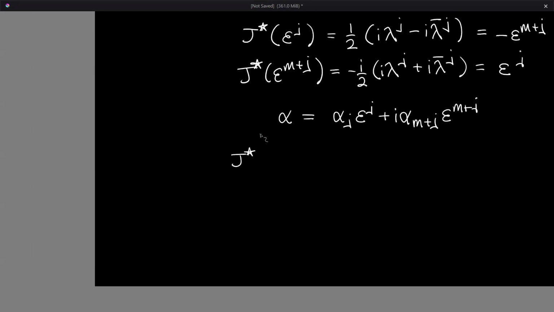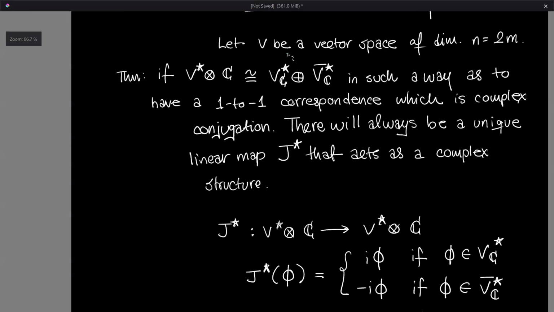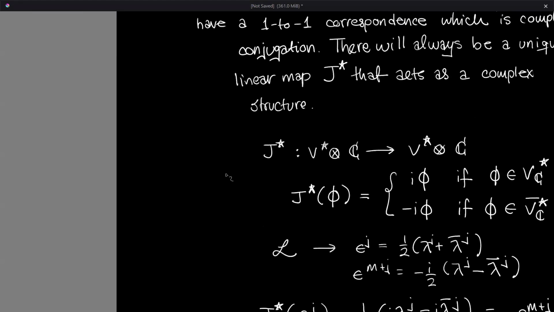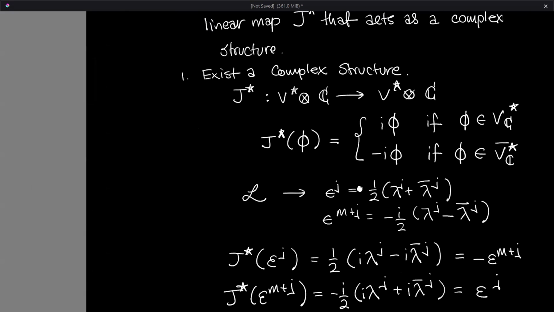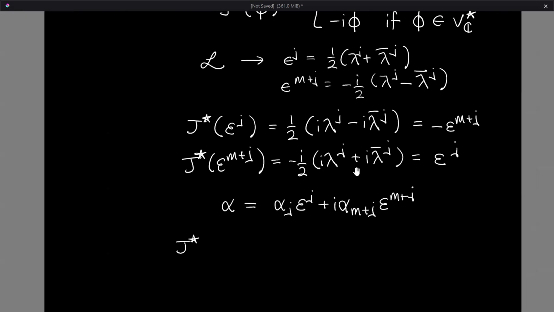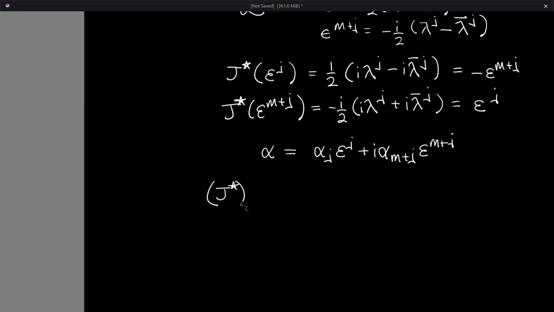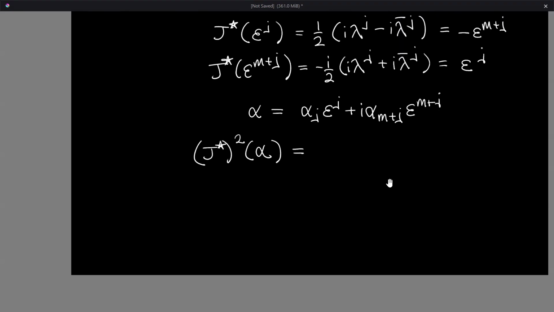We're saying that there will be a complex structure. What we're trying to prove right now, I should have said this at the beginning, is that there exists a complex structure. So we need to show that J star squared gives us minus alpha. That will prove that a complex structure exists.